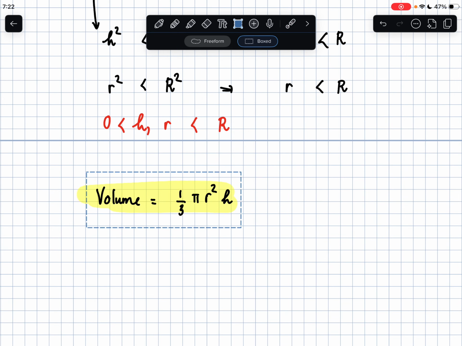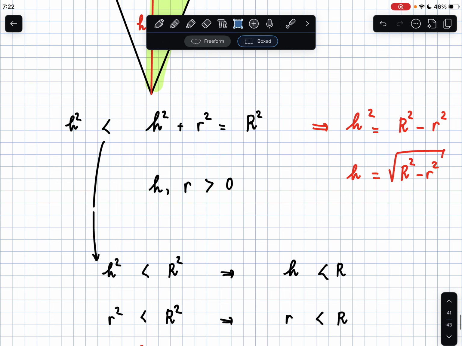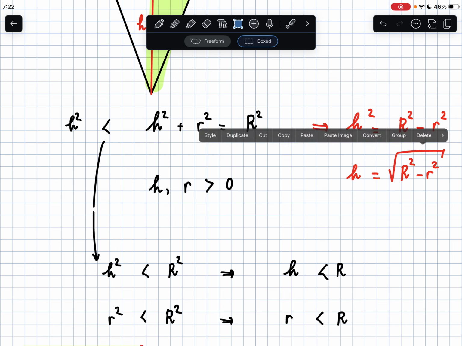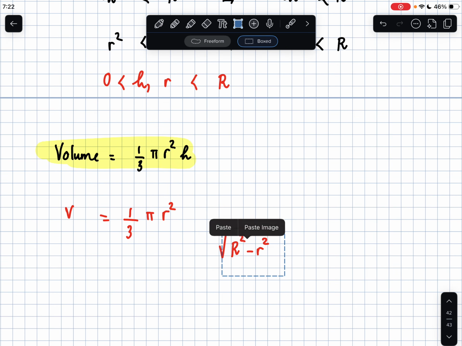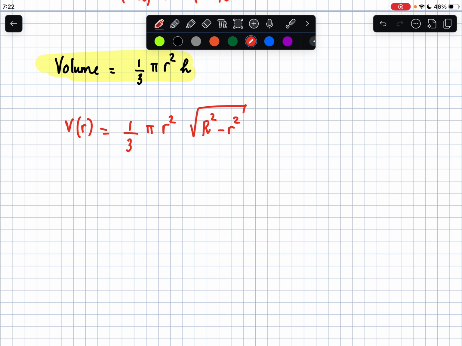Volume V equal to 1/3 pi r squared and height equal to square root of this. This is our volume function in small r because big R is fixed. Now we have the function, and we have the interval for small r between 0 and big R.